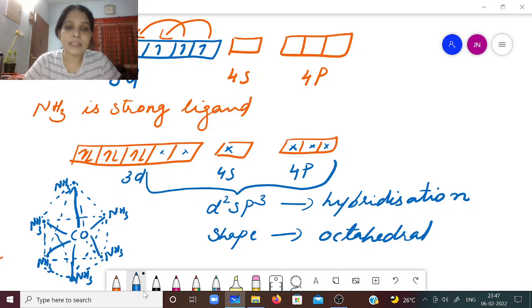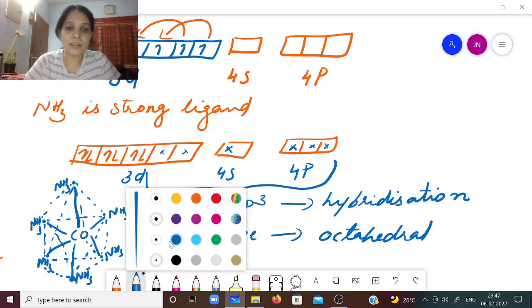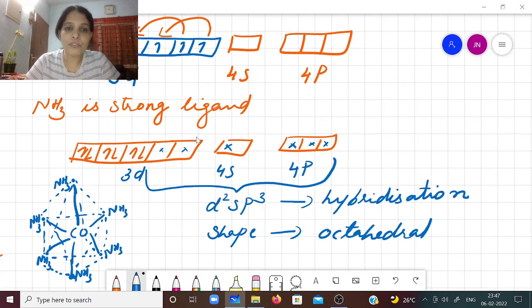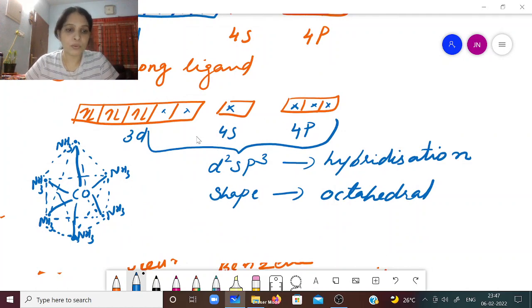Okay, so we have studied how to find out the hybridization and how to find out the shape also. Now next question is whether this complex is inner orbital or outer orbital. You can see that 3d orbitals are utilized for the hybridization. That is, it is inside. 3d is inside, outside is the fourth shell.